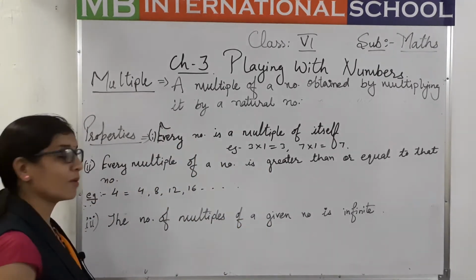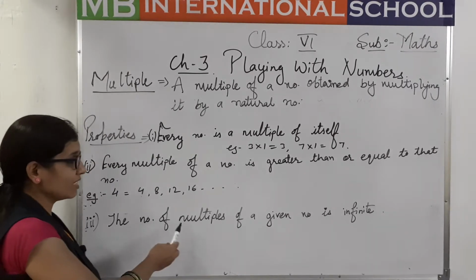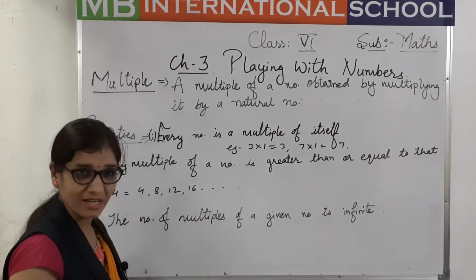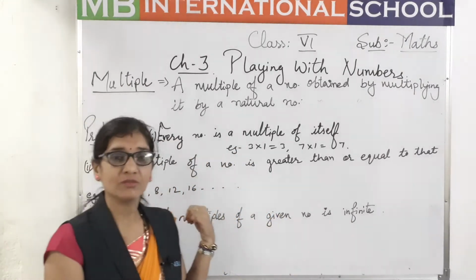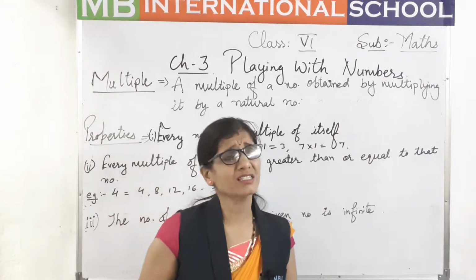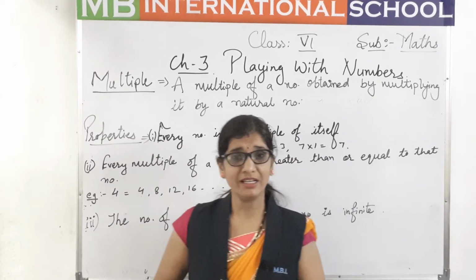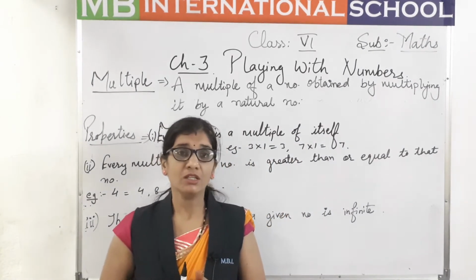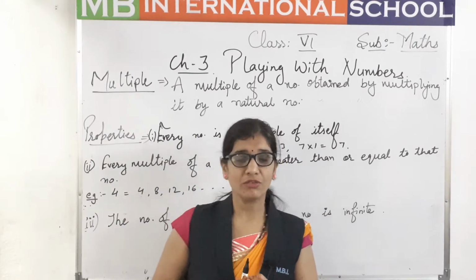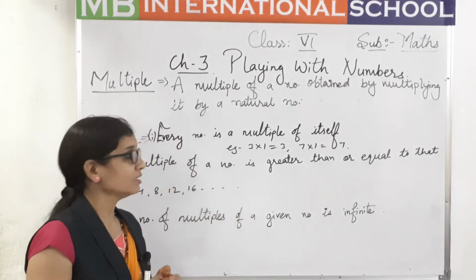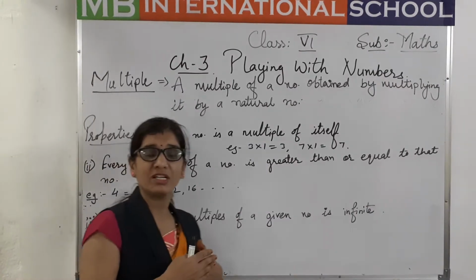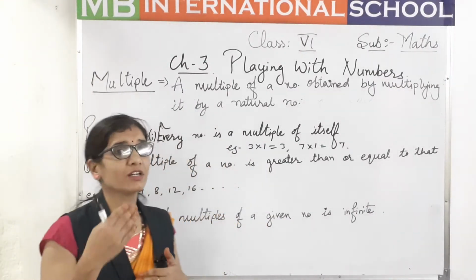The next property is that the number of multiples of a given number is infinite. We have just seen an example. One more example: if we take the number 18, the multiples of 18 are 18, 36, and so on. 18 multiplied by 1 is 18, 18 multiplied by 2 is 36.